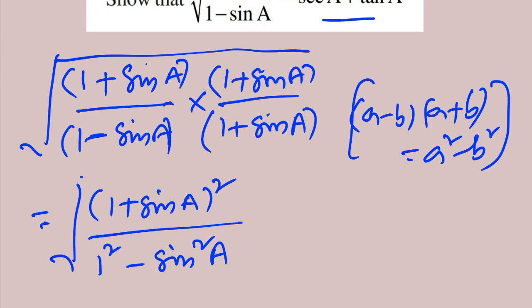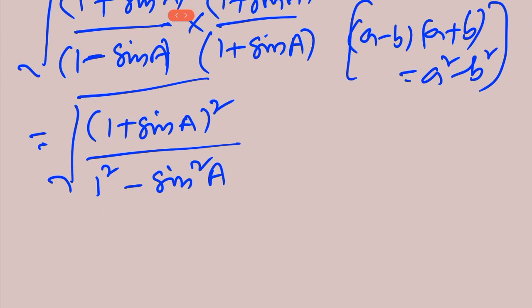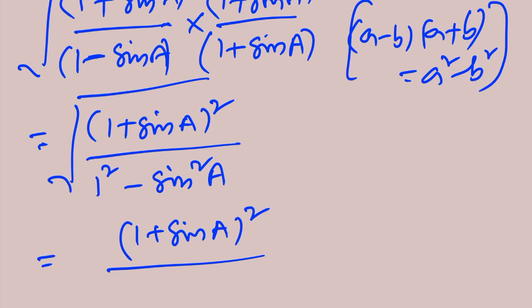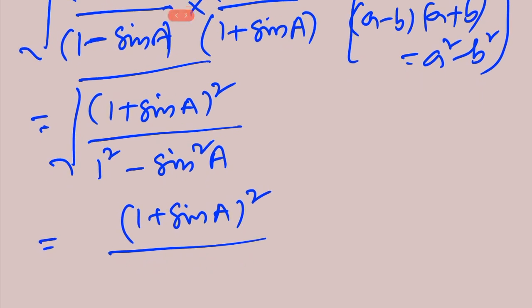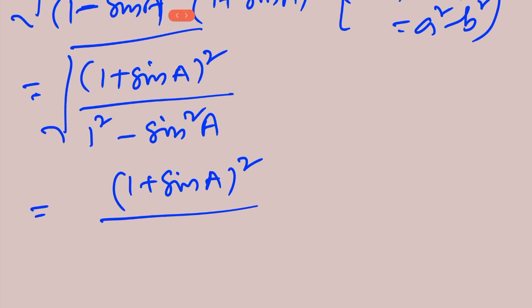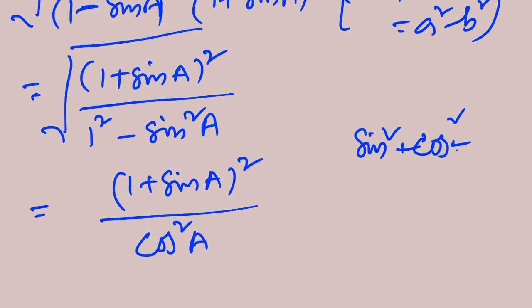After this, here I write 1 plus sine a as it is, there is no change, whole square by, but here 1 square is 1 only, and 1 minus sine square equals cos square, because of the identity sine square plus cos square is equal to 1.